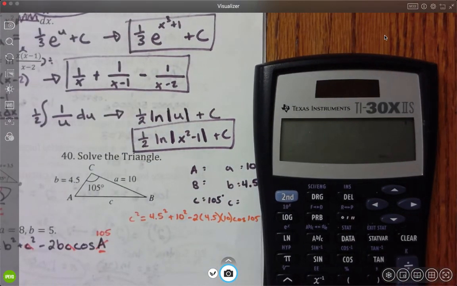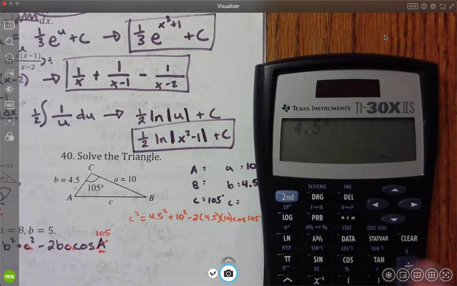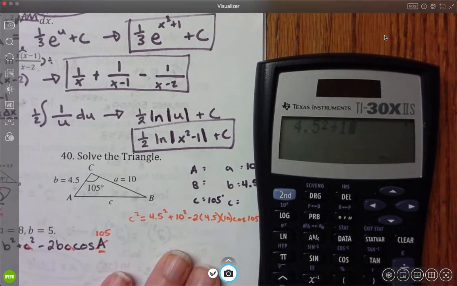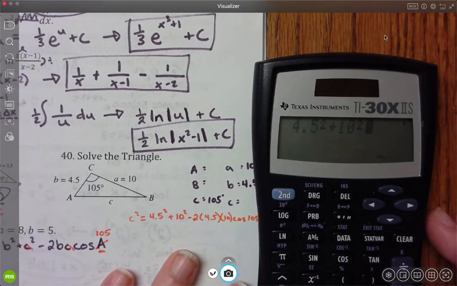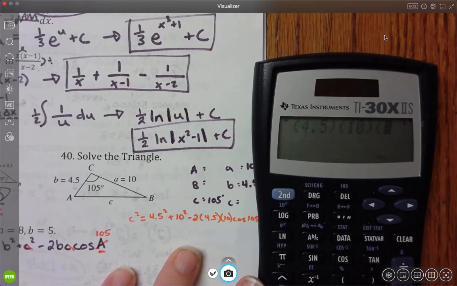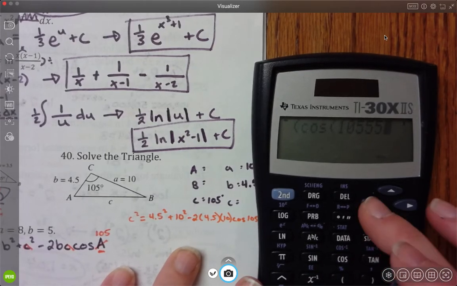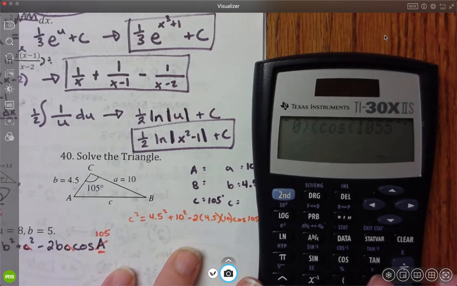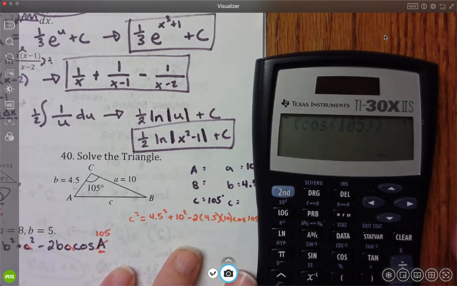I have 4.5 squared. As long as I type this in right, or the way that it is here, it should do the order of operations correctly. So 4.5 squared plus 10 squared minus 2 times 4.5 times 10 times cosine of 105. Those parentheses there.